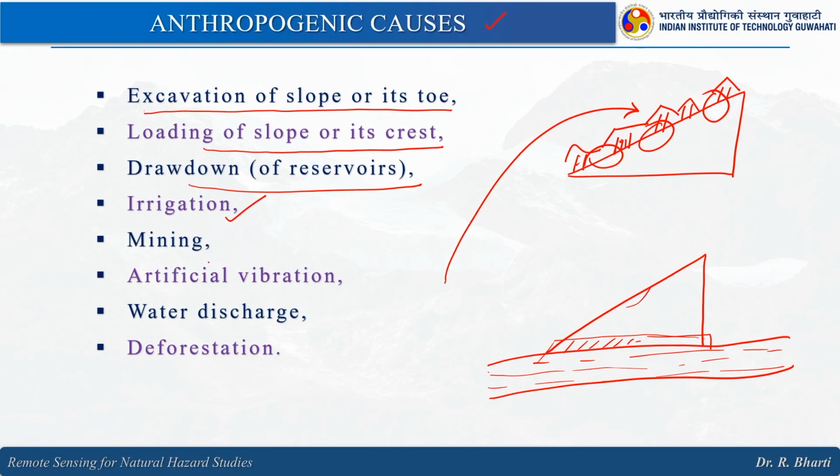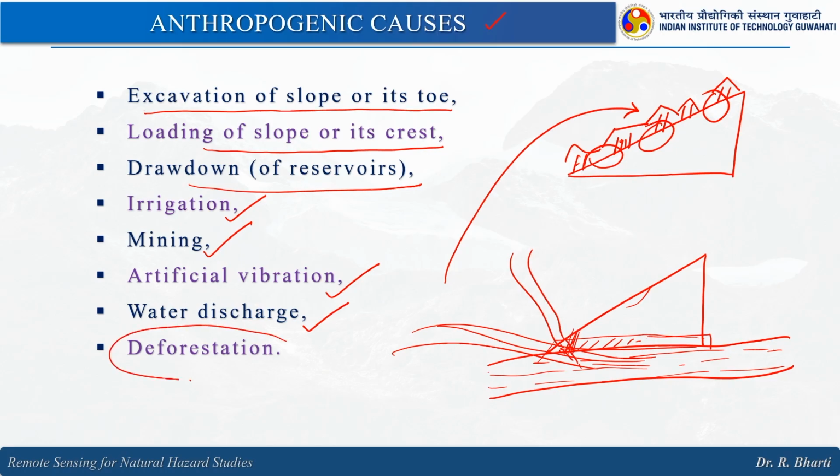Then irrigation, mining, artificial vibration because of some heavy vehicle movement in this particular area, that will cause the vibration. Then water discharge, if you are putting your discharge channel or the outlet through this, maybe this will change the stability. Then deforestation. So, here if you have the vegetation and that is getting removed because of some anthropogenic activities, that will also change the stability of this slope.